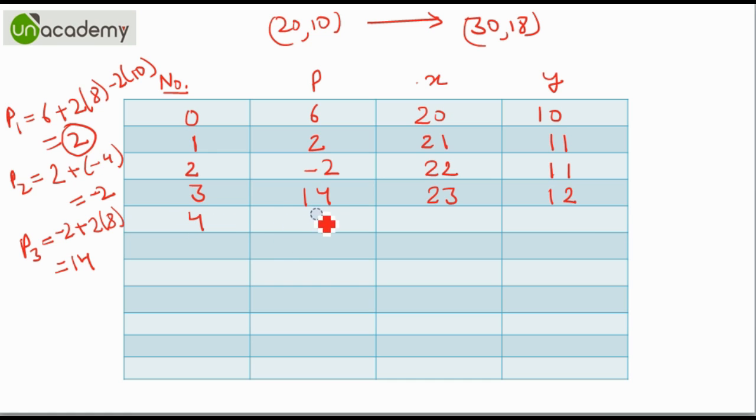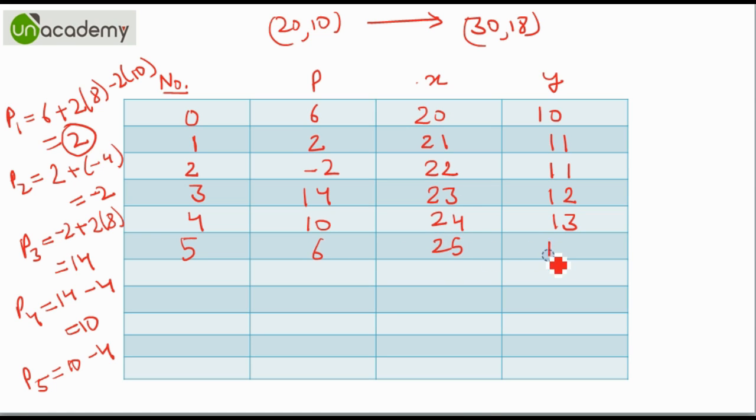Fourth iteration: p4 will be 14 minus 4, that is 10, positive value, so we will increment both x and y. Fifth we will have 10 minus 4, so that is 6, and we will increment both.